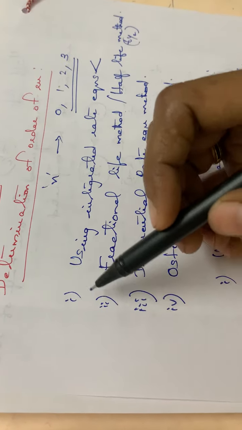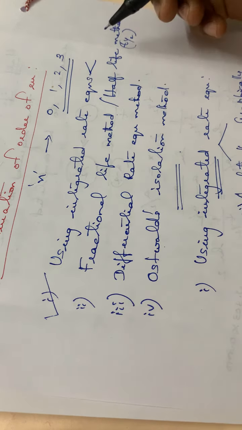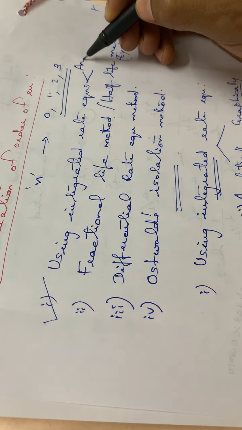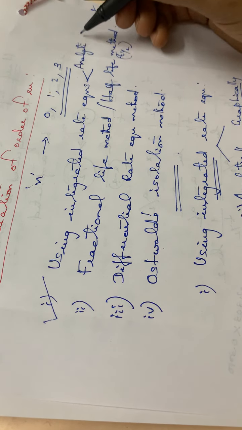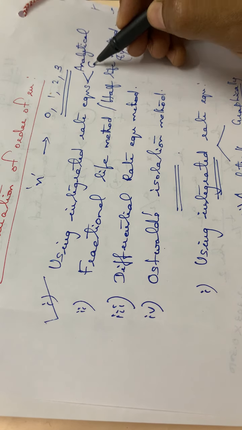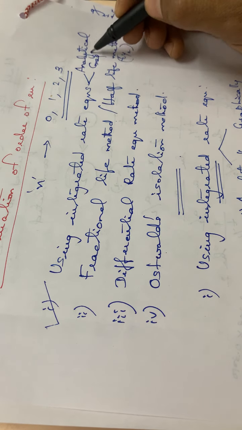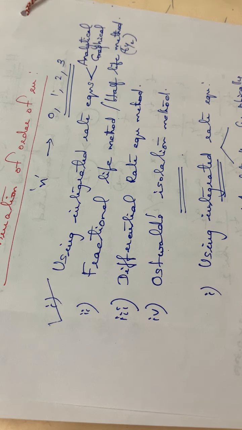Then the next method. So this particular category is over, using the integrated rate equation, that is by two methods: by using the integrated rate expression, that is the analytical method, and the second one, the graphical method. Okay.